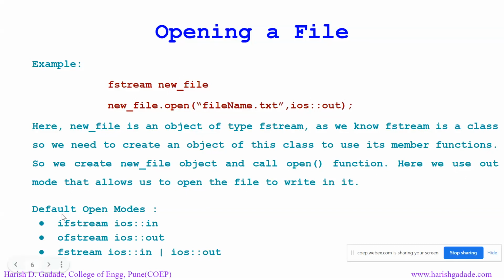If you are using ifstream, ofstream, or fstream, we can use this format. For ifstream, ios scope resolution in; for ofstream, ios scope resolution out; and for fstream we can use both, in or out.